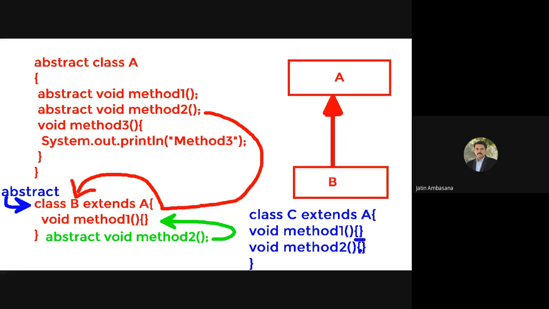Even though you have empty bodies, it is not an abstract method, it is a valid method, and this code is valid. So now you don't need to make this class C an abstract class. Why? Because it has implemented both the abstract methods that it inherited from class A, as simple as that.